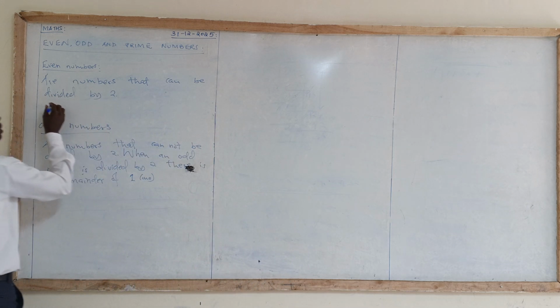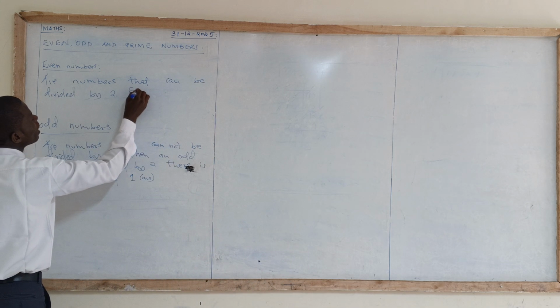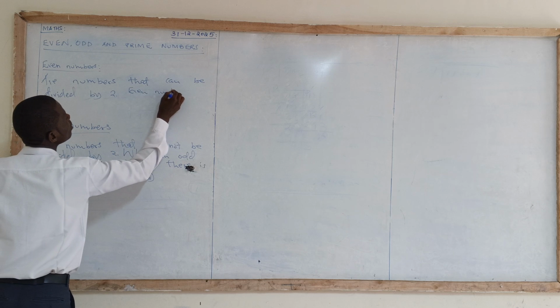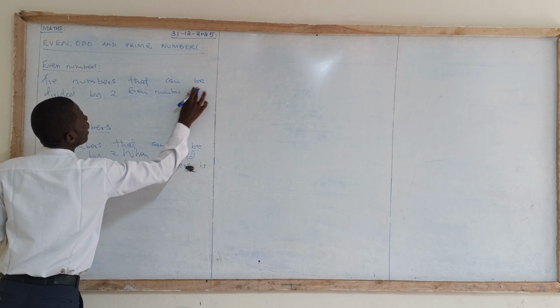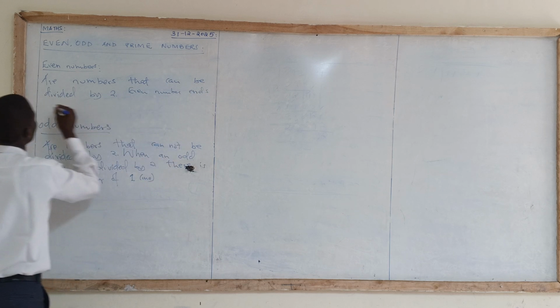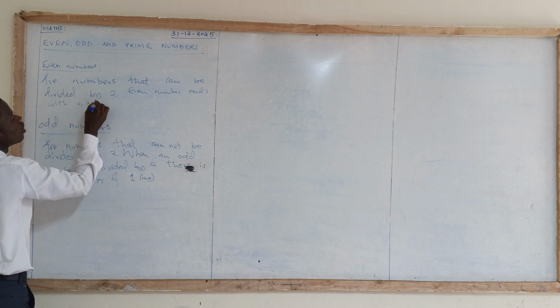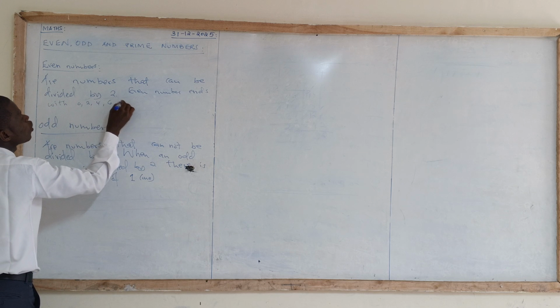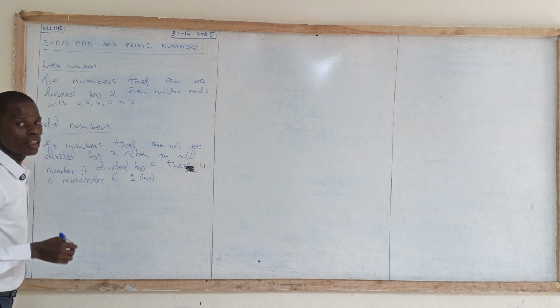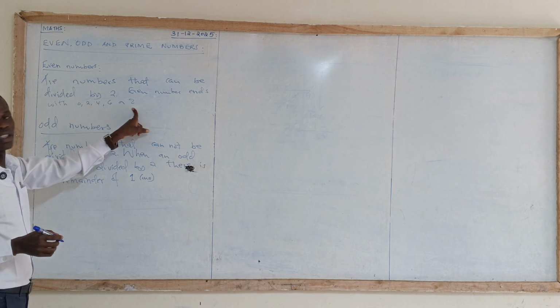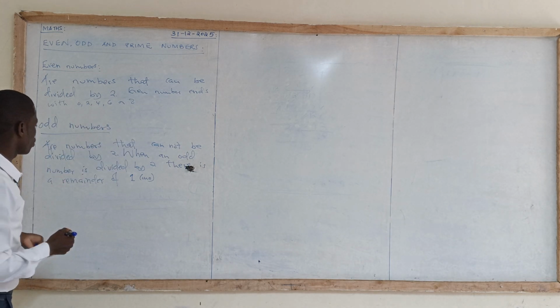So even numbers are up here, even numbers end with 0, 2, 4, 6, or 8. That is now even numbers ending with this digit. Then odd numbers will end with what?